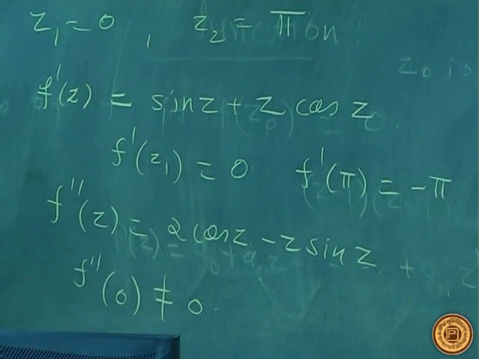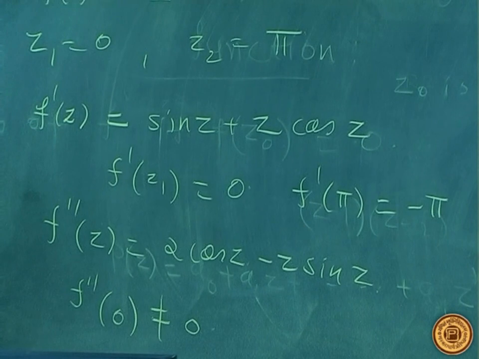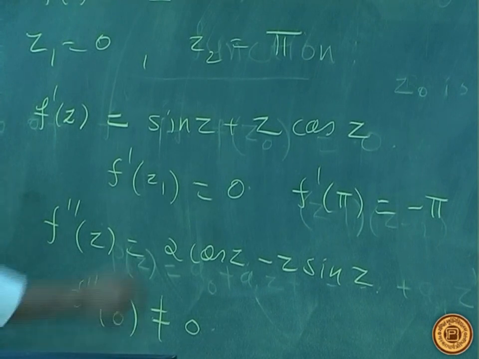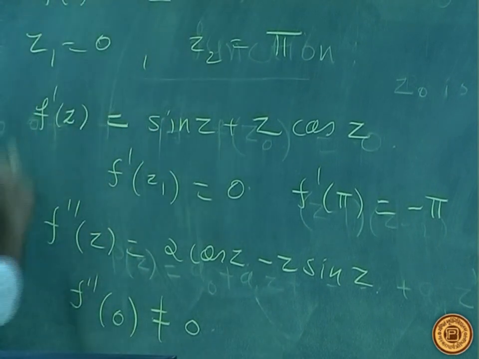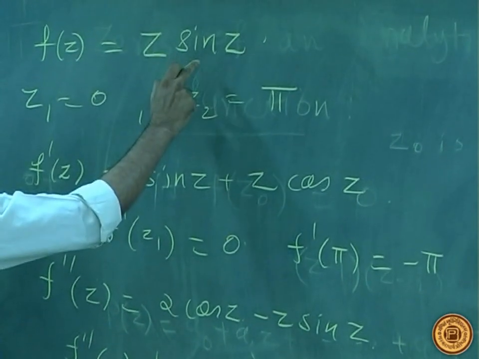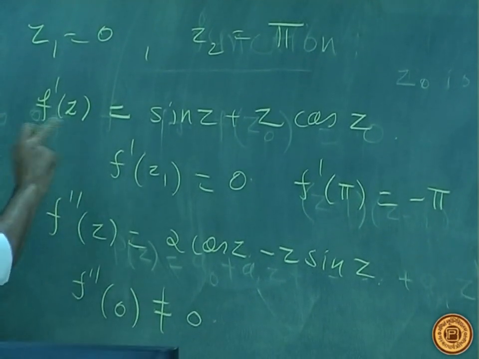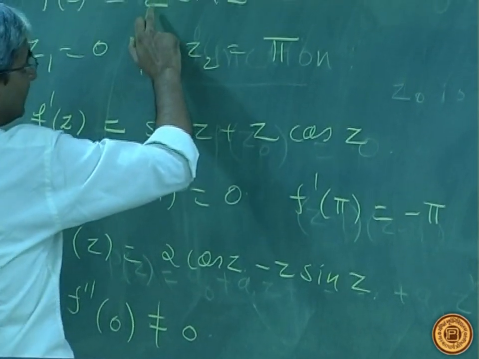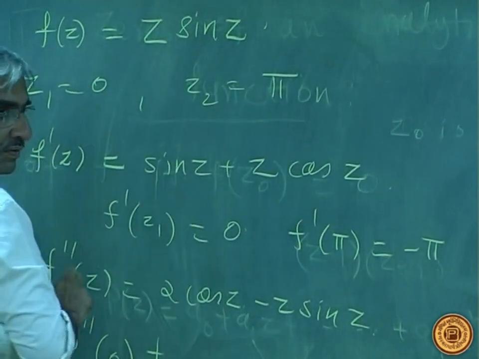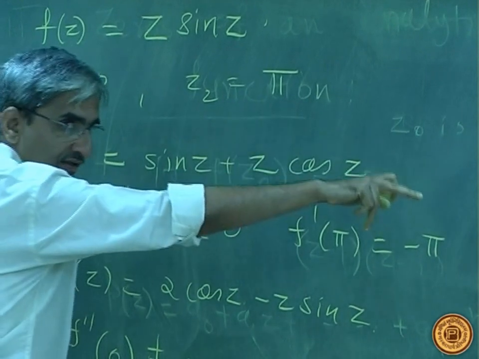It is 2 in fact. But had I taken z square sin z, then f double dash 0 also would have been 0. Or had I considered z sin square z, what would have happened? Then even pi will occur again.